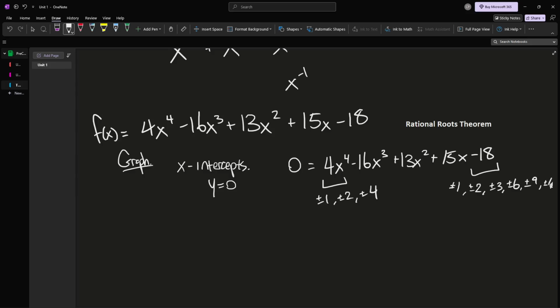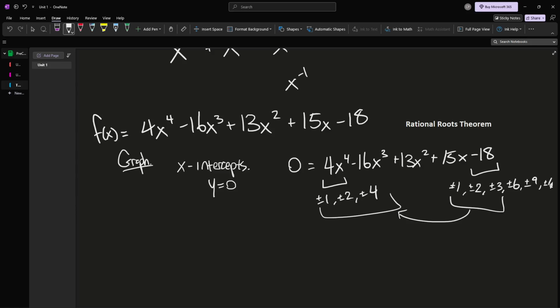The application of the rational root theorem is that any of these divided by any of those gives possible roots. Any clean, real roots will be in there. For example, 1 divided by 2, either positive or negative 1/2, could be a possible root.